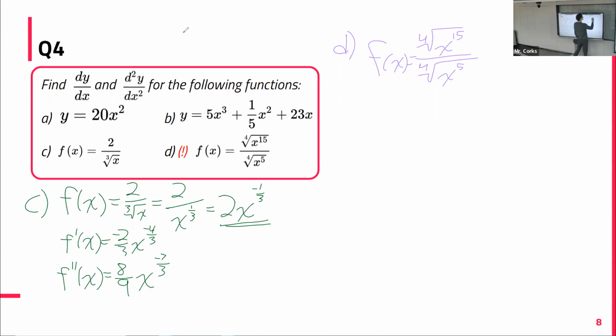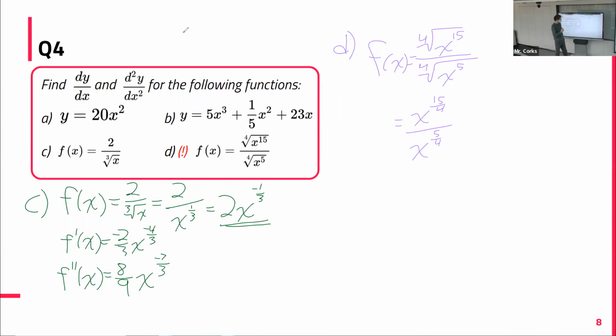So we can rewrite this as x to the exponent 15 over 4, and same thing on the bottom, x to the exponent 5 over 4.